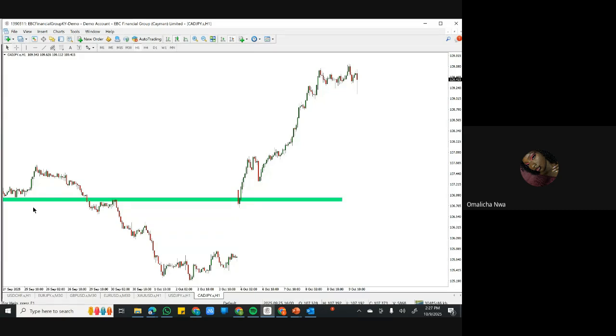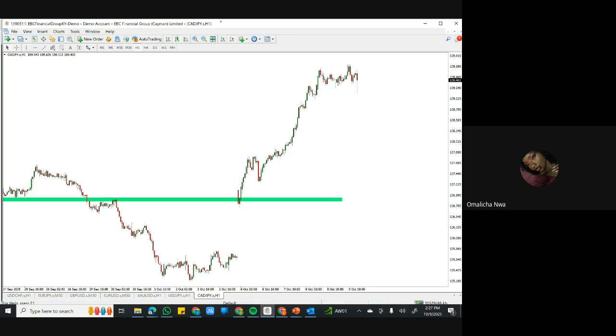Very, very strong there. The moment it breaks it on a monthly time frame, just have it at the back of your mind that there's a possibility that that instrument is going to continue downward or upward, depending on the direction where the market broke it to. If it's on the upward direction, it will continue on that upward direction.